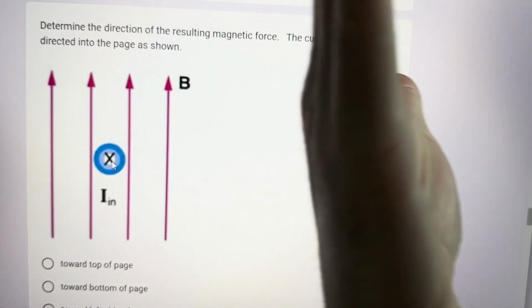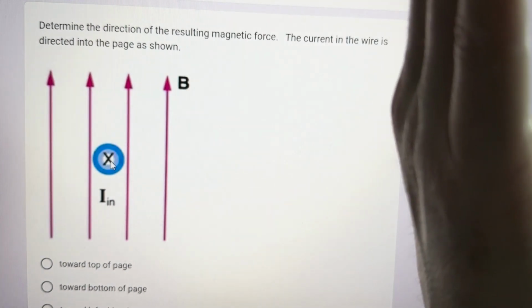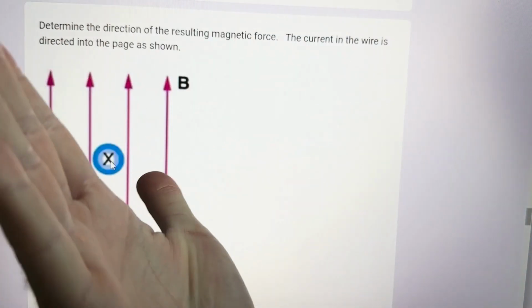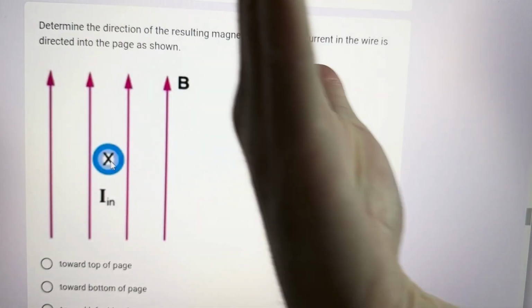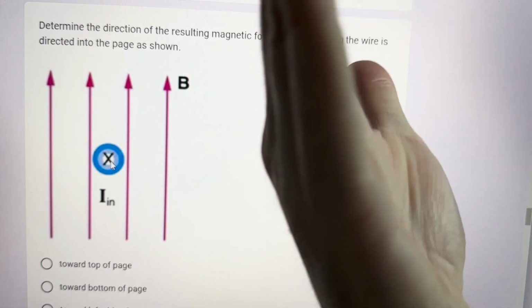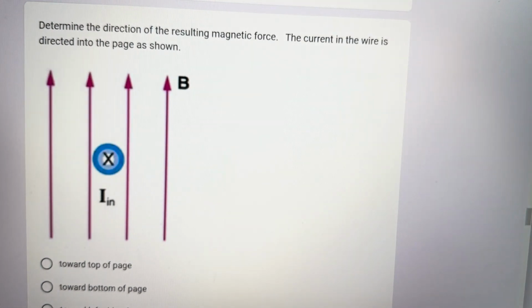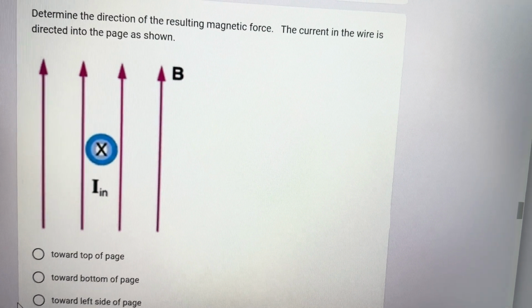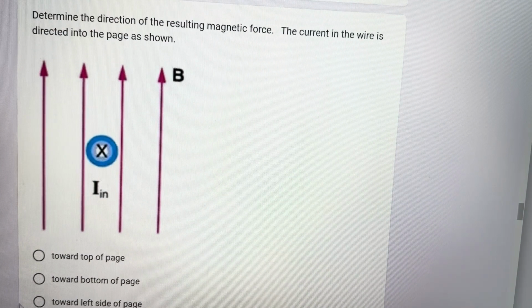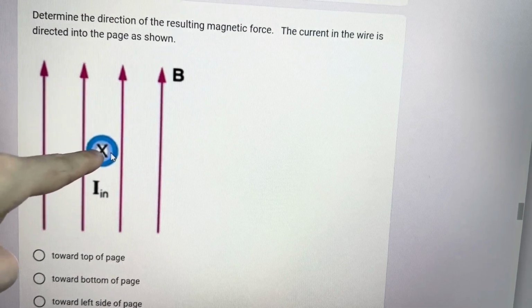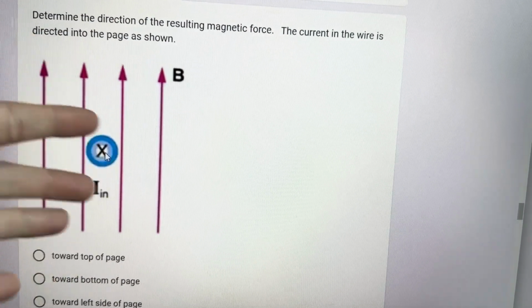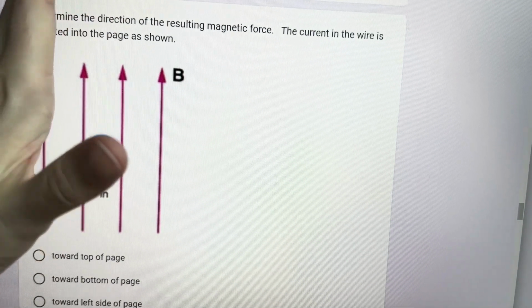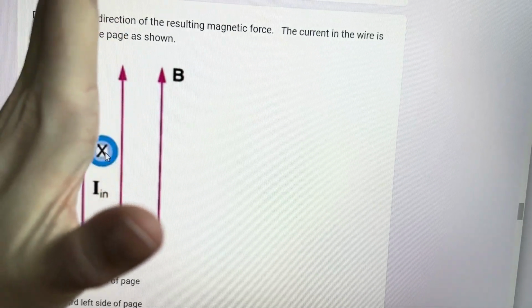So when I do that, I'm getting it towards the right side of the page, right? The nice thing about this is you can kind of imagine pushing with your palm, like a force pushes. So doing that, the right side of the page, and as always, we can check our work by seeing if we do the opposite charge motion with a negative, do we get a consistent result? So if current positives were flowing into the page, well, negatives in the wire we would think of as flowing out of the page, right?